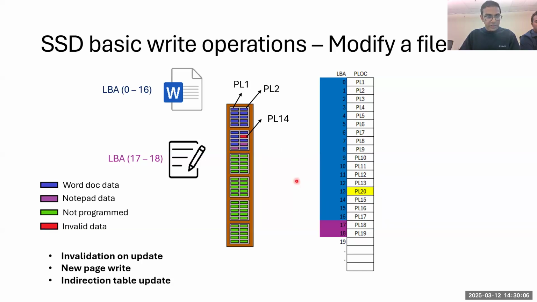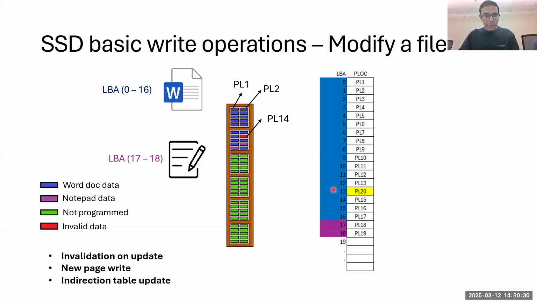So the data that was previously written to PL14 here is considered invalid. As you can see here, LBA 13 is now located on PL20 and not 14 anymore. It is important to remember that PL14 still has written data, but it's just not valid anymore. It doesn't mean the data is erased. The data is still there, but it's not valid anymore.